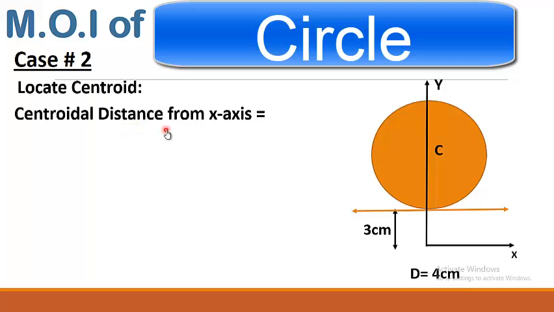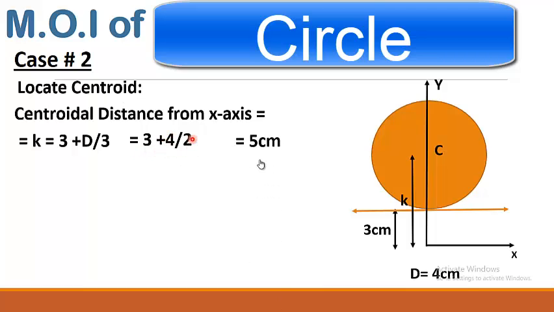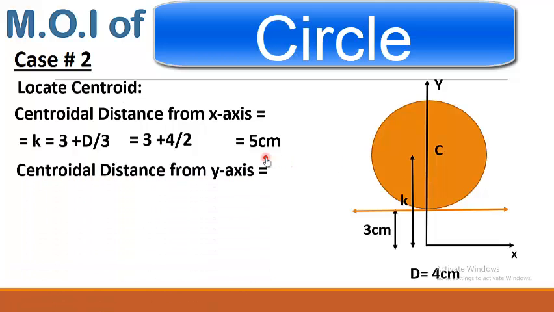Now to calculate the centroidal distance from the x-axis, that is the distance of the center of the circle from the x-axis, which is equal to k, k is equal to 3 plus the radius of the circle, that is d divided by 2, which comes out to be 3 plus 4 divided by 2, and it is equal to 5 centimeters. That is this 3 centimeters plus the radius of the circle, which is 2 centimeters.